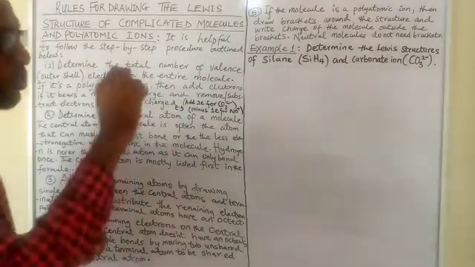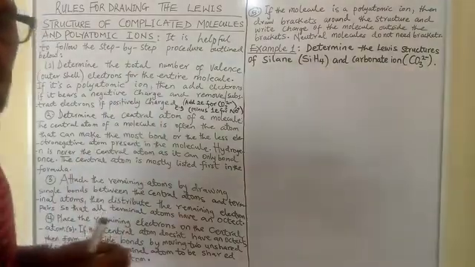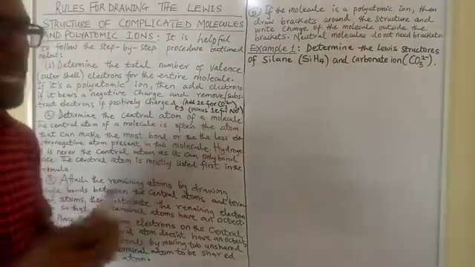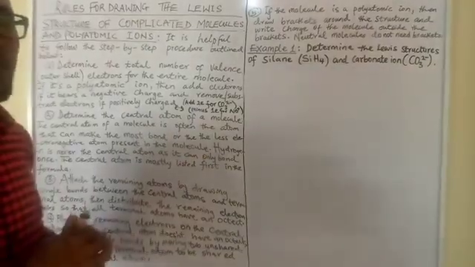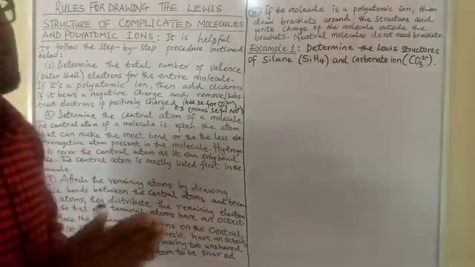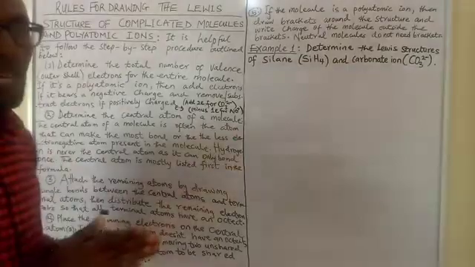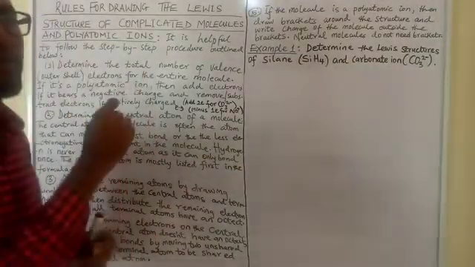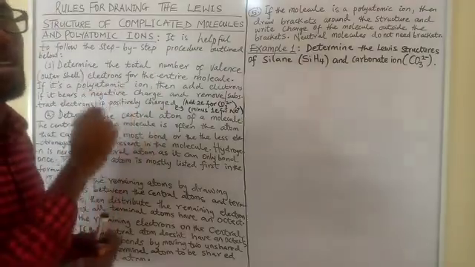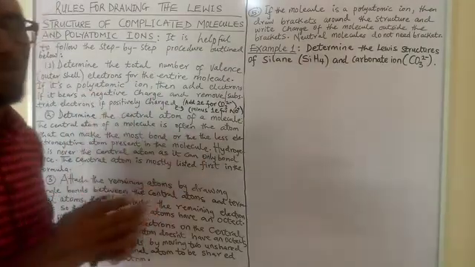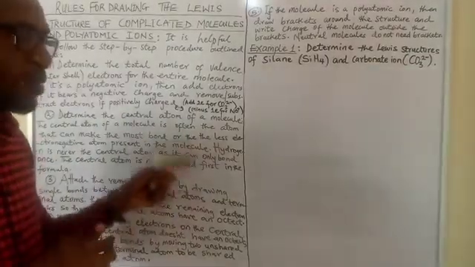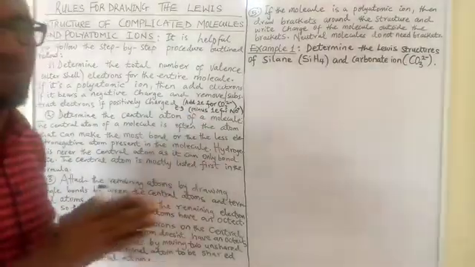So if you placed the extra electrons on the central atom, and it still didn't satisfy the octet of the central atom, then you are going to pick a lone pair of one of the terminal atoms and use it to make a double bond, another covalent bond, joining that terminal atom to the centrally placed atom.